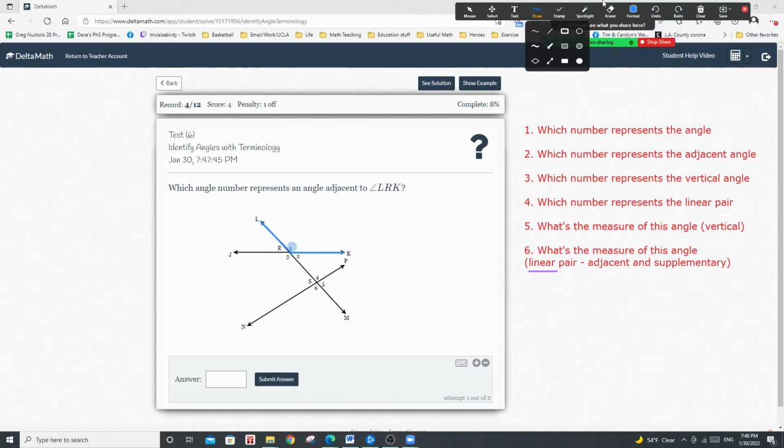Well, the one that shares the same side will be number 2. Because to draw out number 2, we need to draw out this side and this side. And notice that this side right here, both of these angles share that side. And that's what it means to be adjacent, okay? We'll put angle number 2.